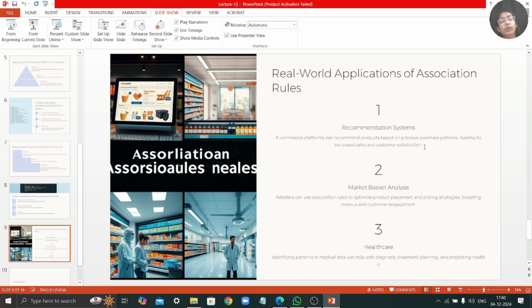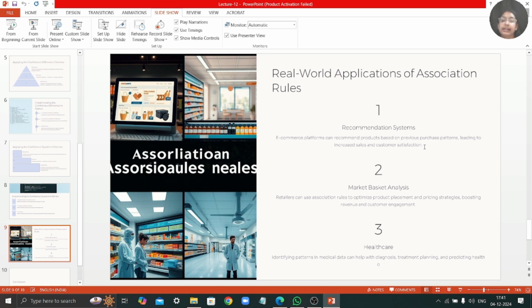Also there are combo offers on cornflakes and chocos, cornflakes for the adults and chocos for kids, with some percent off. So these are the marketing strategies being used through association rule mining.